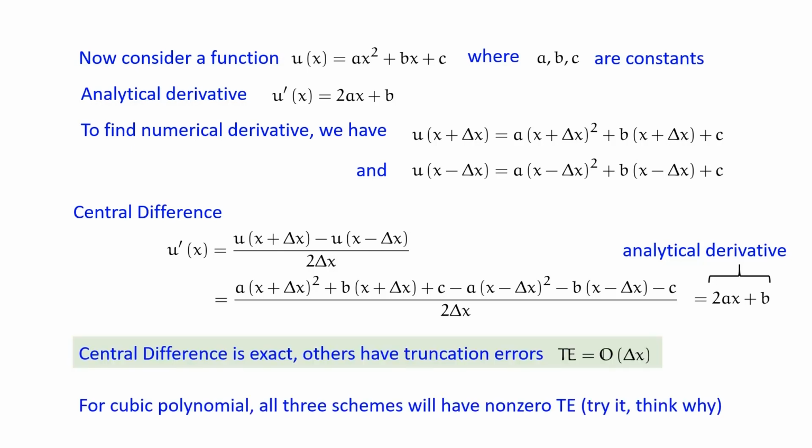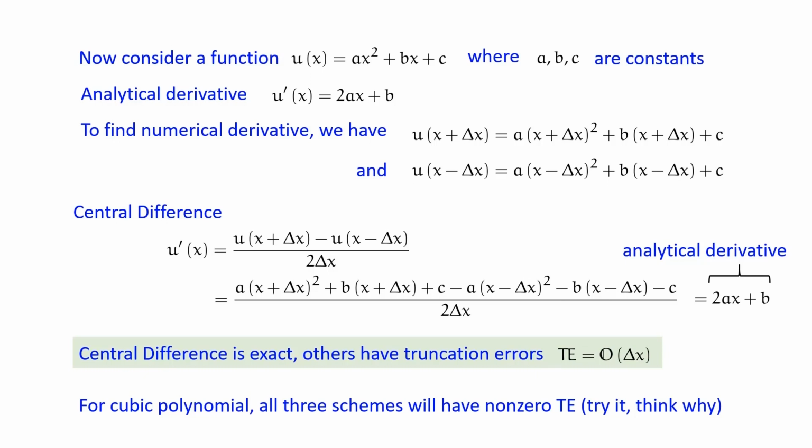We can continue with similar examples and we can take a cubic polynomial, that is ax cube plus bx square plus cx plus d. We can take that as u and we can try taking derivatives. It will get more and more complicated, but what you will see is that all three schemes will then have non-zero truncation error.